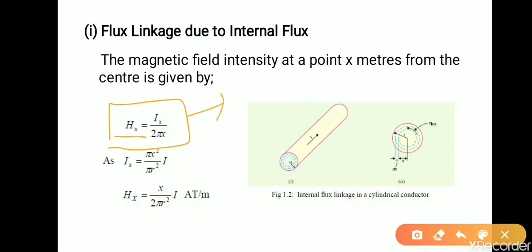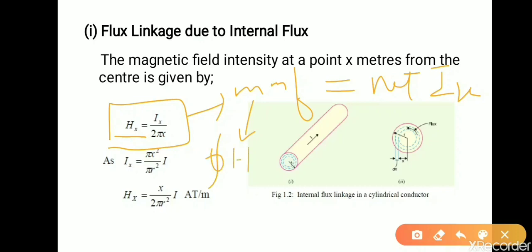By Ampere's circuital law, the MMF, that means magnetomotive force, around any closed path is equal to the net current enclosed by the path. Here the net current enclosed by the path is I of x. In other words, we can say that the closed line integral of H dl will be equal to I of x.